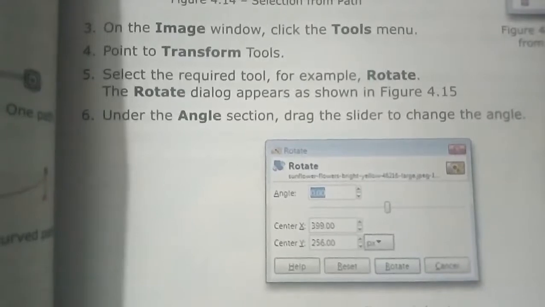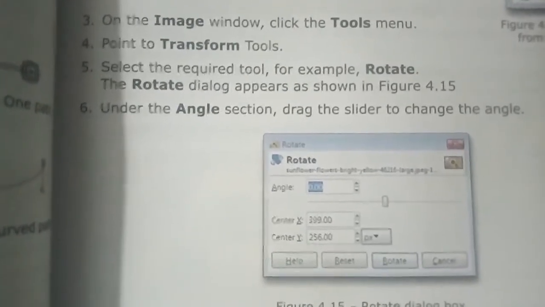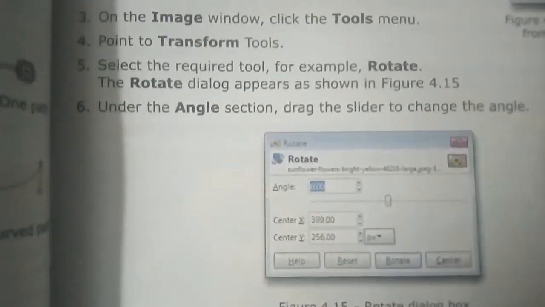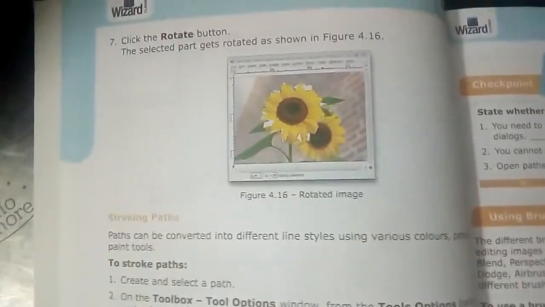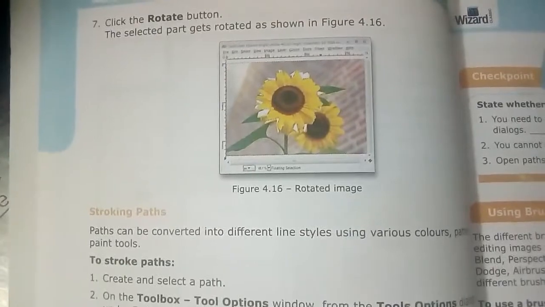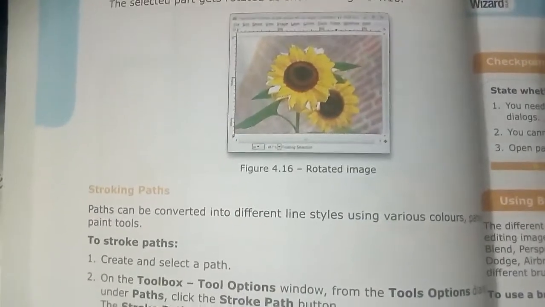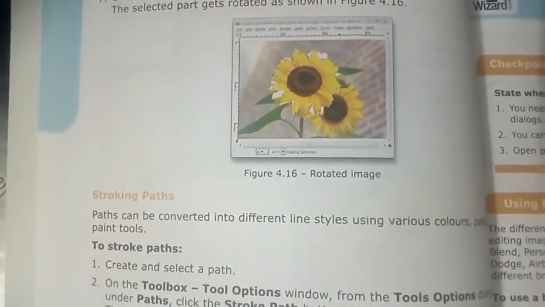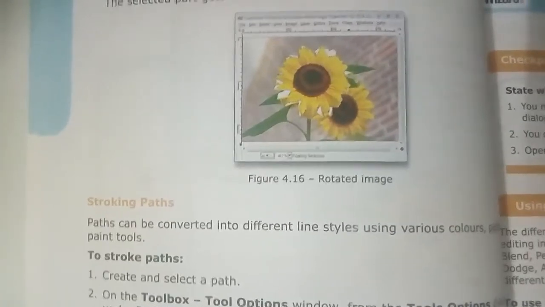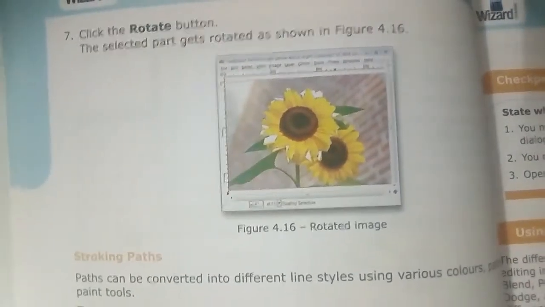This is the way, and then you have to click on rotate. In this way the selected path gets rotated. Here you can see the selected path is rotated. This one is the rotated image.